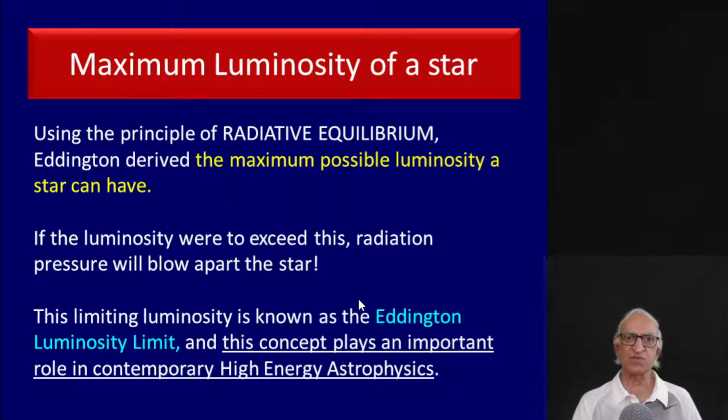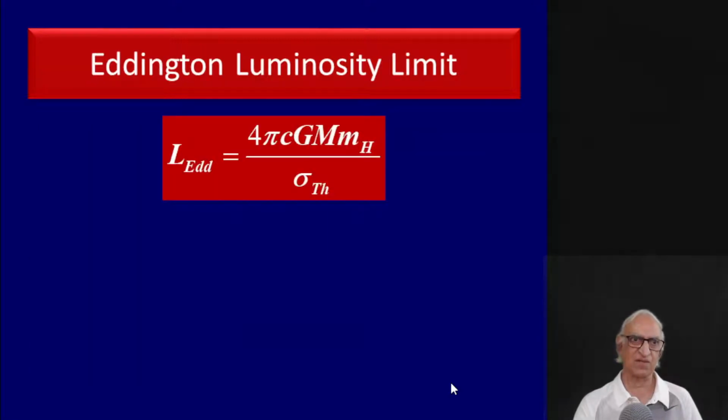This limiting luminosity is known in the literature as the Eddington luminosity limit. And this concept plays an extremely important role in contemporary astronomy and astrophysics, in particular high-energy astrophysics, and its importance is not confined to stars, as we shall see in later lectures.